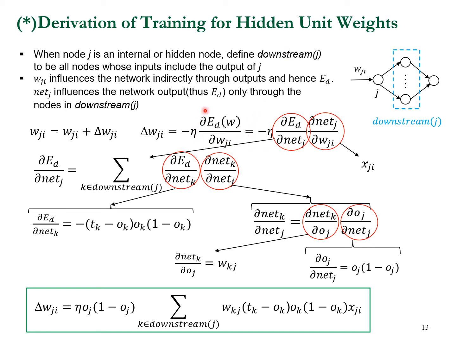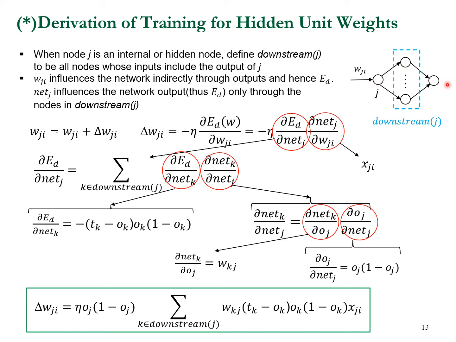So this one here, you can assume this is the influence of W on the error function. Then this can be decomposed into these two parts. This means your weight value W influences the net value of node J, and then the net value of J influences the error function.